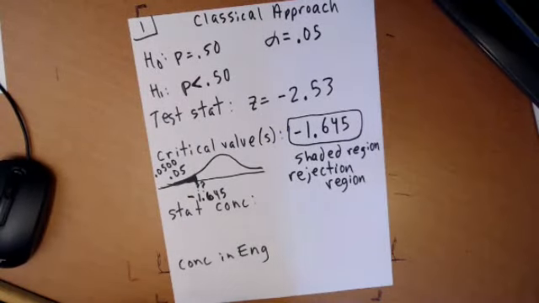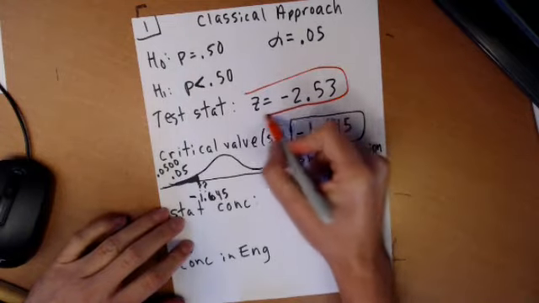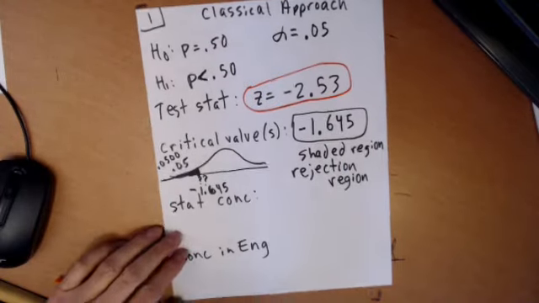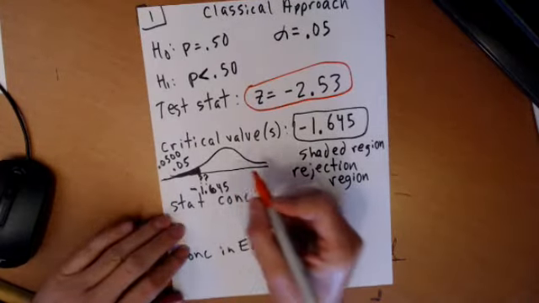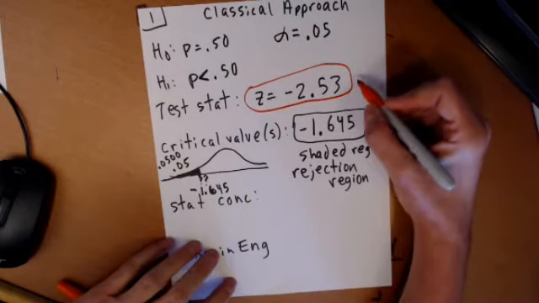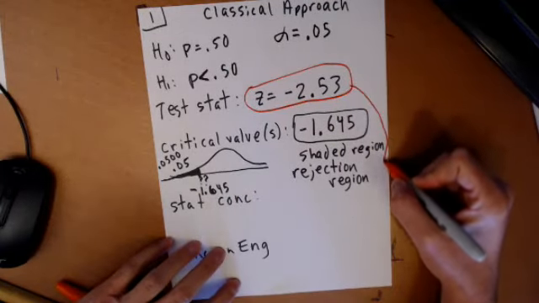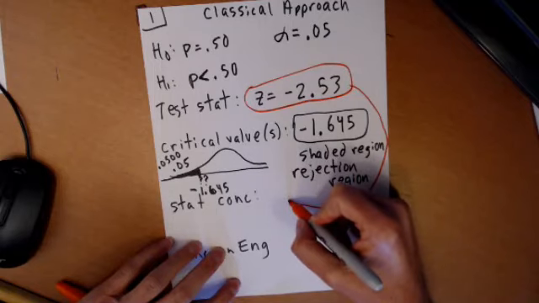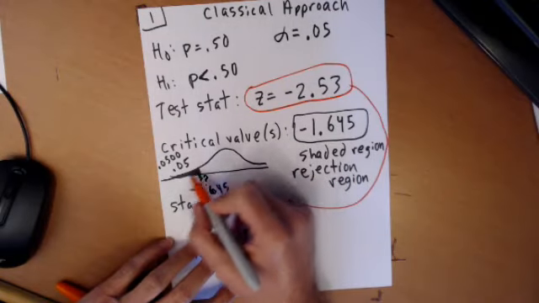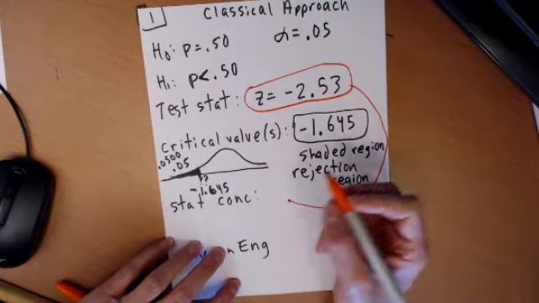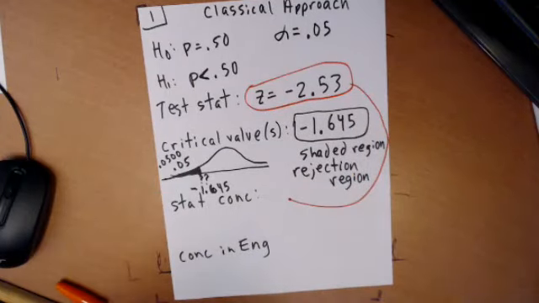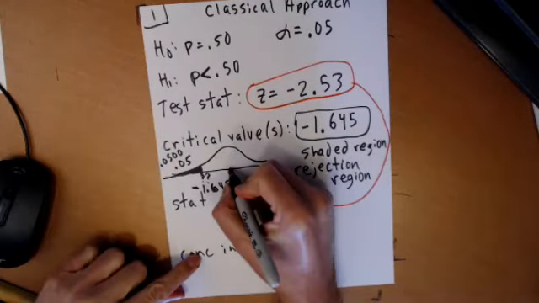Okay. So let's look at our test statistic. Test statistic is negative 2.53. Here's our bell curve. And we're trying to figure out where this negative 2.53 lands. Does it land in the shaded region or not the shaded region? Remember, 0 is in the center. So here's 0.